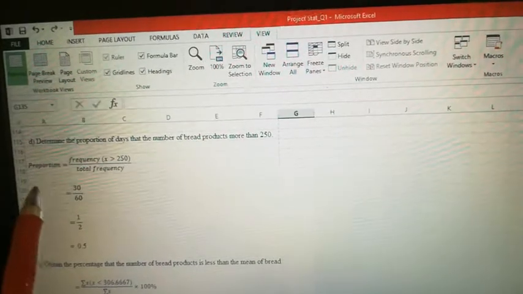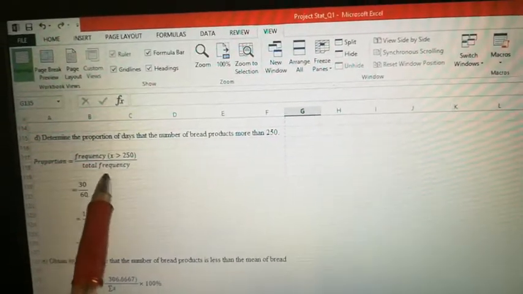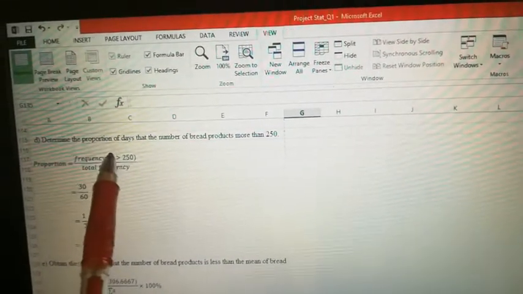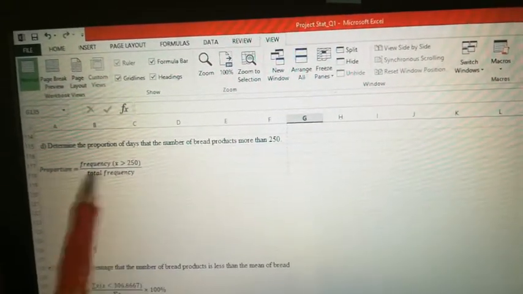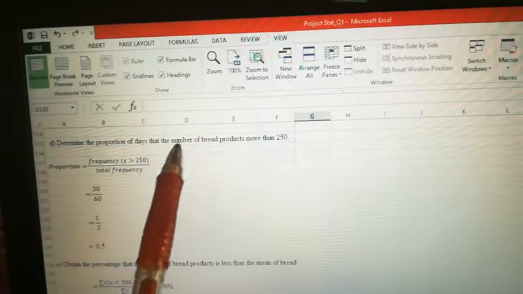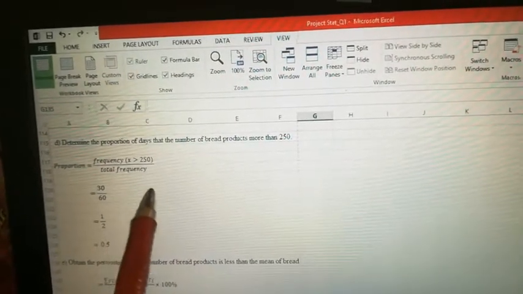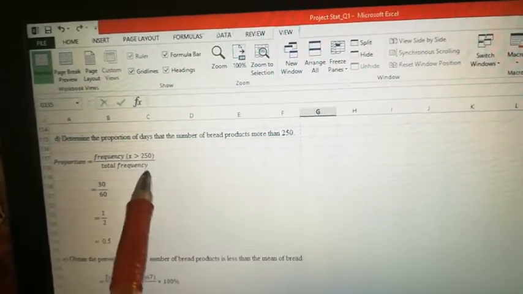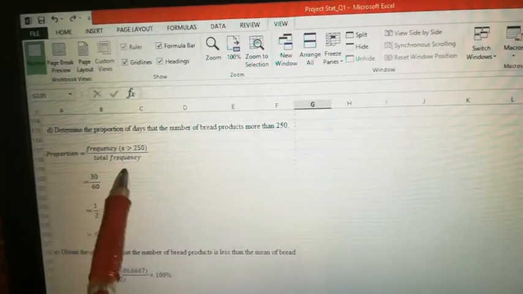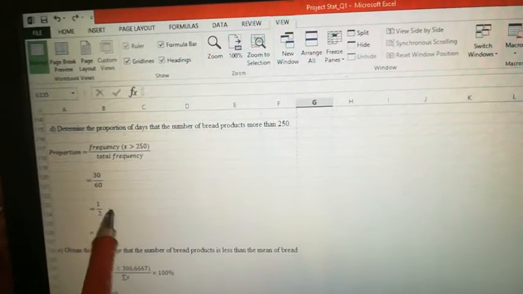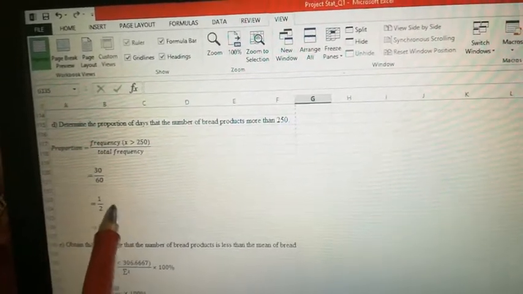By using the formula, proportion equals frequency of x more than 250 over total frequency. The number of bread product based on the table that is more than 250 is 30, divided by 60, which is the total frequency. Then we get 1/2, which means half.